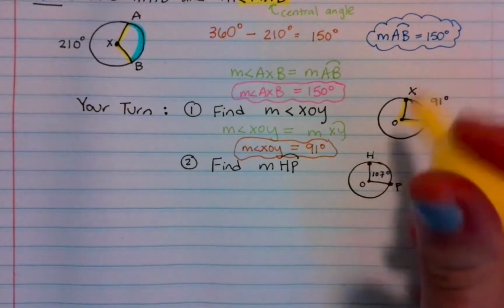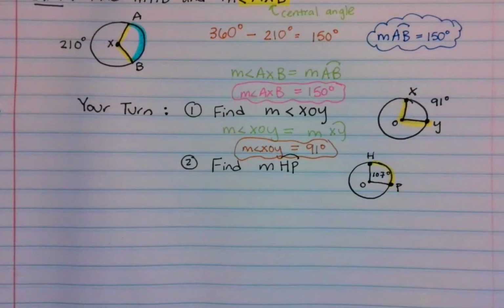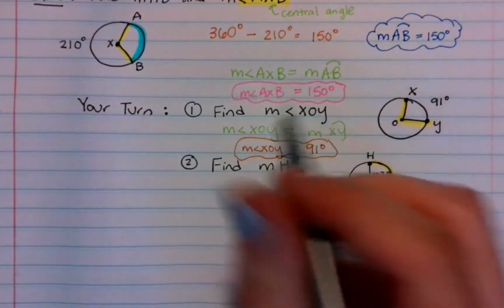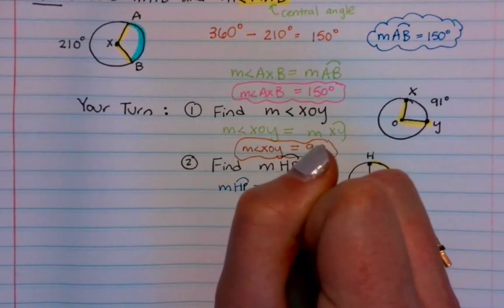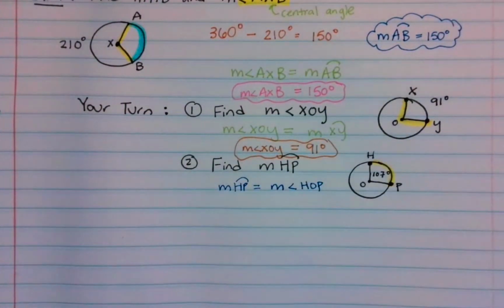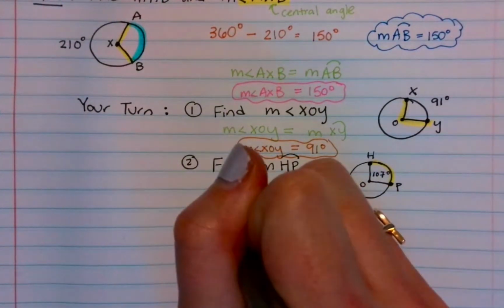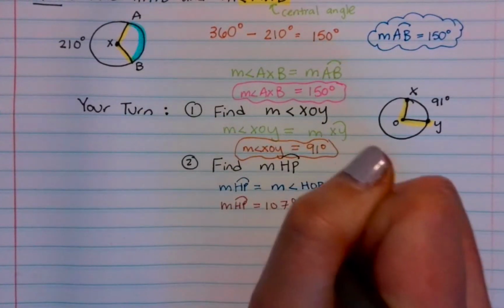So you're looking for this arc here. That is the intercepted arc for angle HOP. So I know that the measure of arc HP is going to be equal to the measure of angle HOP, which we were told was 107 degrees. So I know that the measure of arc HP is 107 degrees.